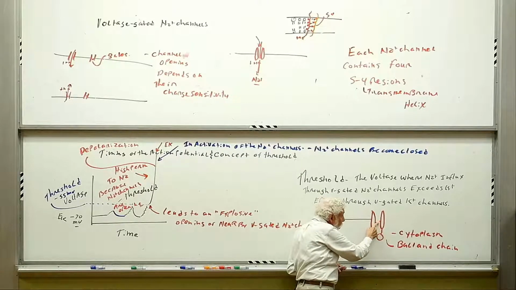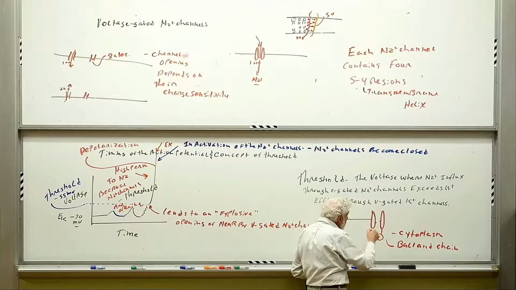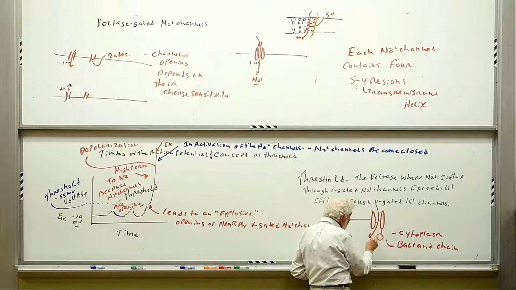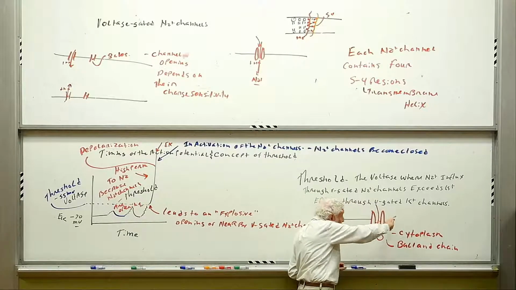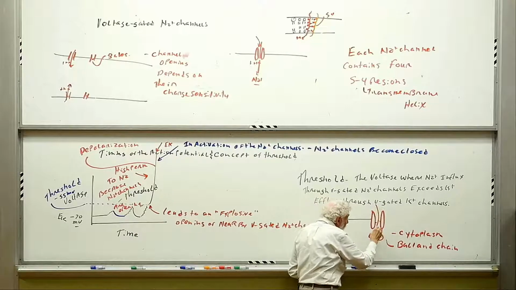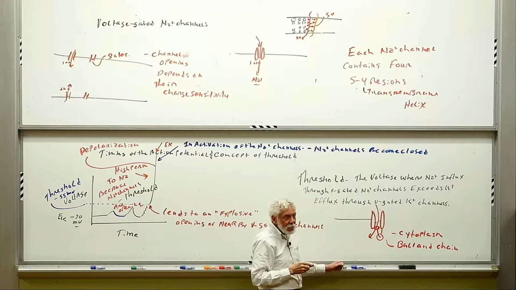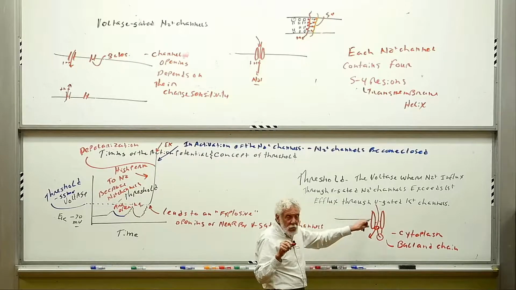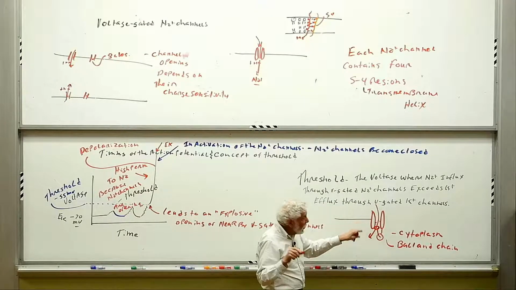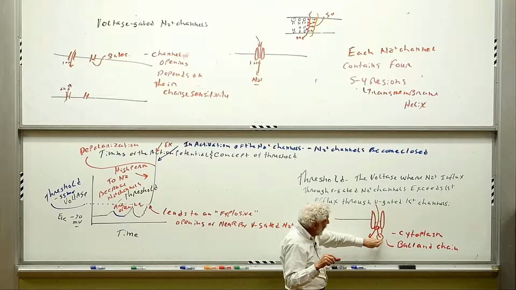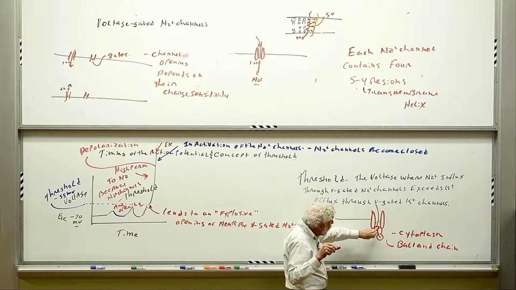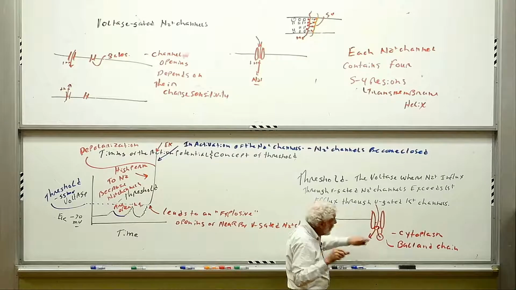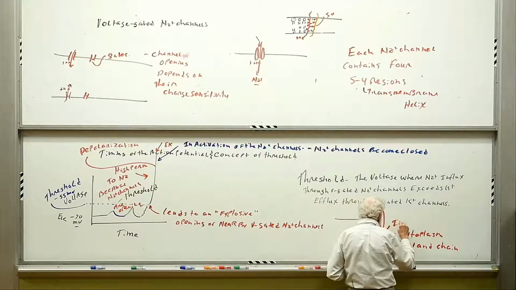But when the gate opens and sodium starts to come in, then this ball and chain, which is swinging around here, will actually swing up into the mouth of the channel and block the channel. It turns out it's a fairly short segment of amino acids on the cytoplasmic side of the voltage-gated sodium channel. But when this ball and chain, or series of amino acids, moves into the channel and blocks it, this is said to be inactivation.